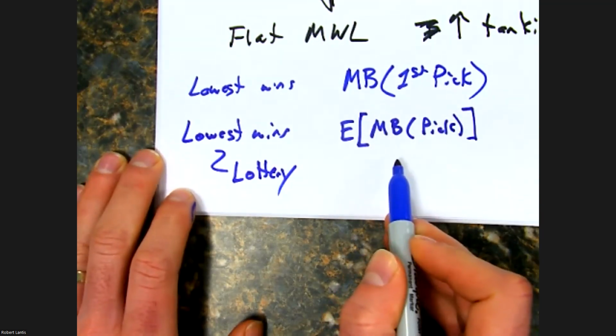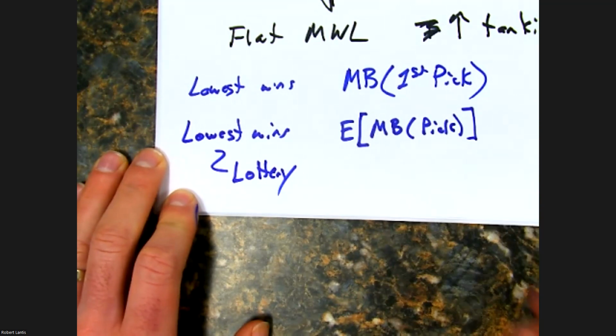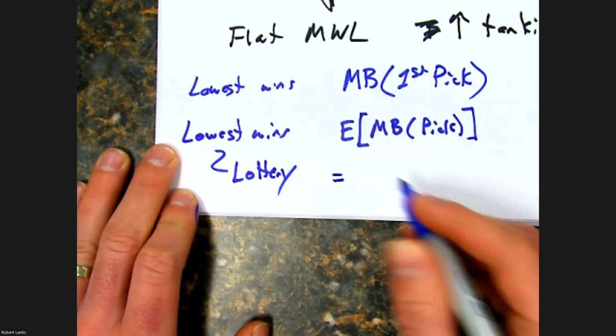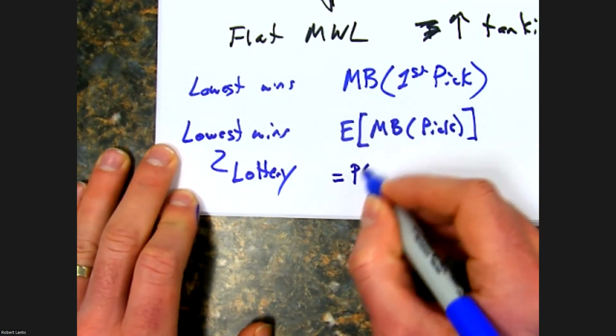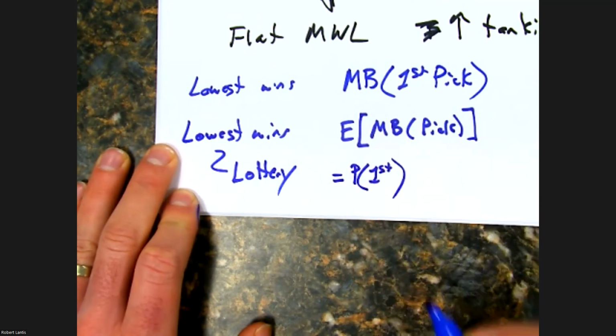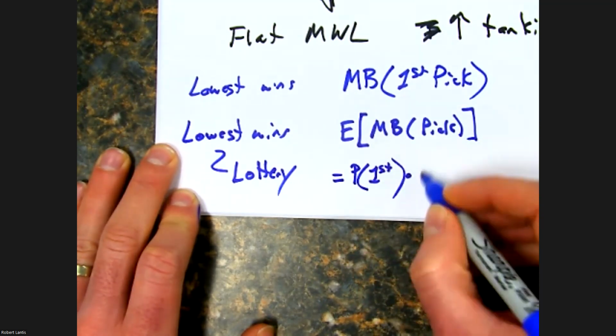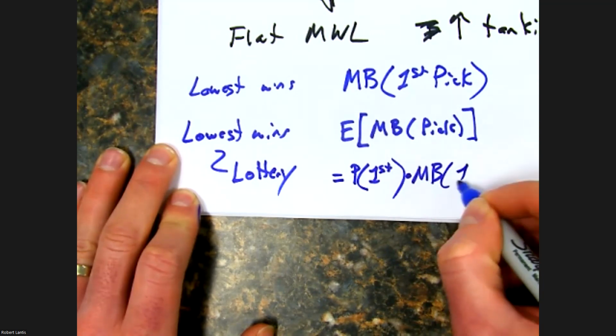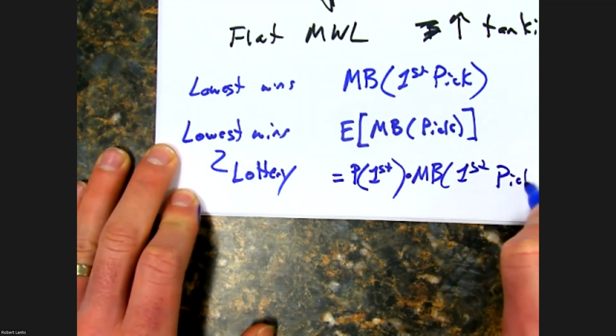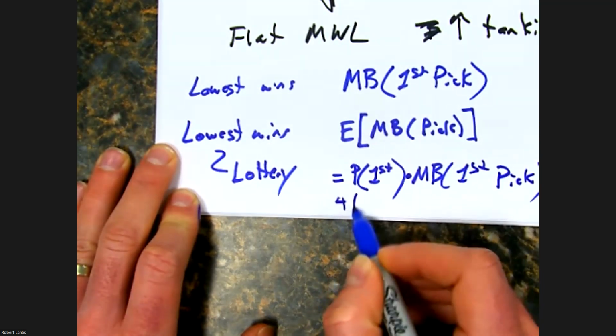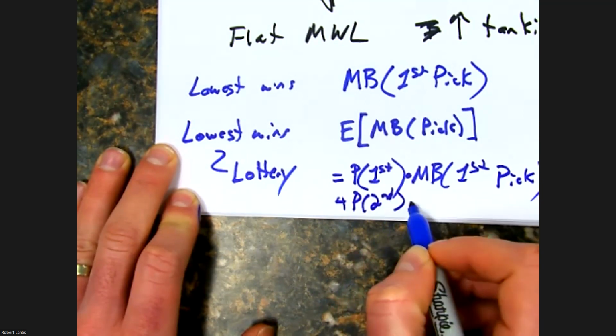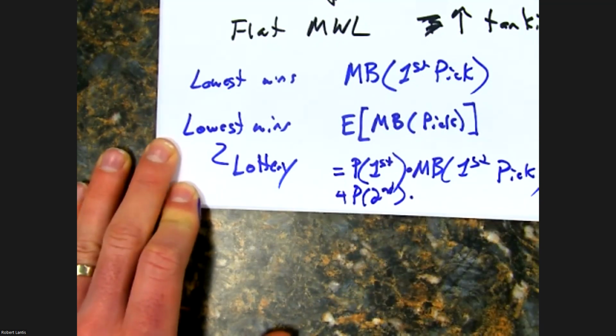This is going to be a much more complicated thing to determine, because now this is going to be the probability I get the first pick times the marginal benefit I get from that first pick. And then add to that the probability I get instead the second pick, because that's not guaranteed anymore, right?